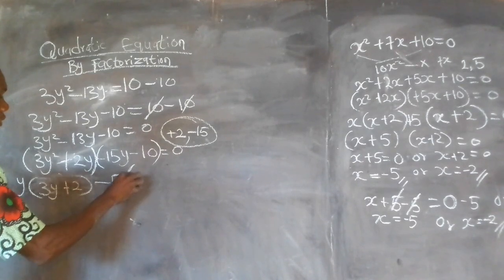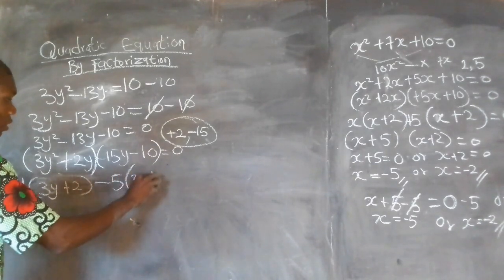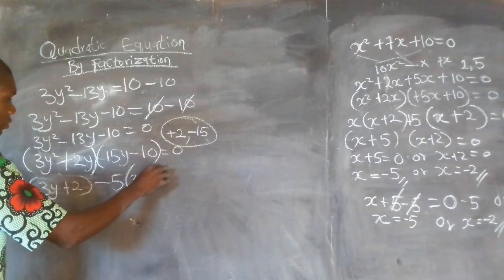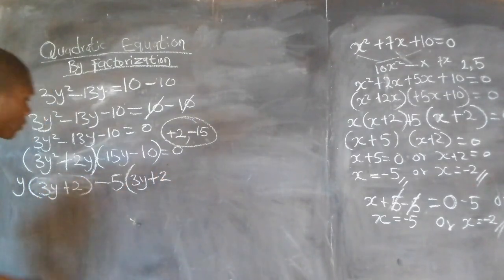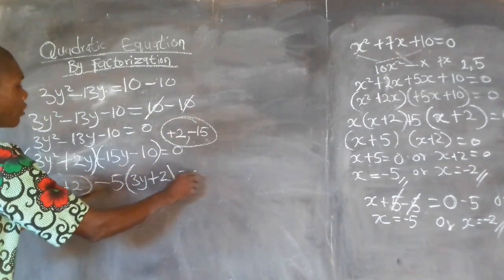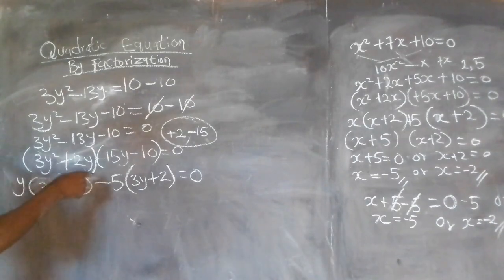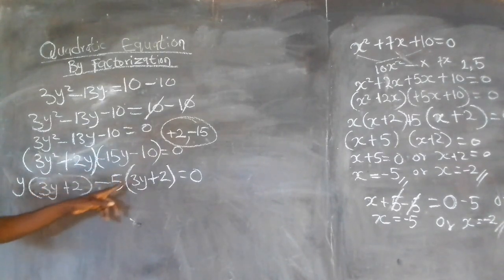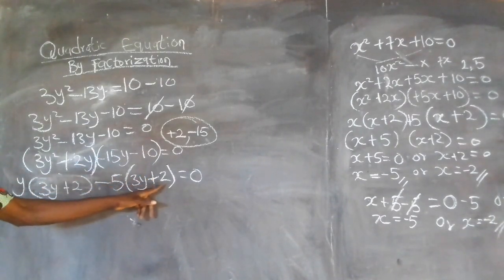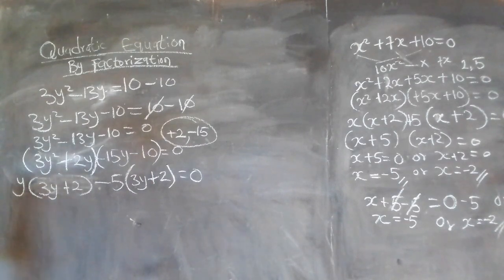So you have 3y plus 2, everything equal to 0. Check out: minus 5 times 3 will give you minus 15, and minus 5 times 2 will give you minus 10. So that is why we use minus 5.